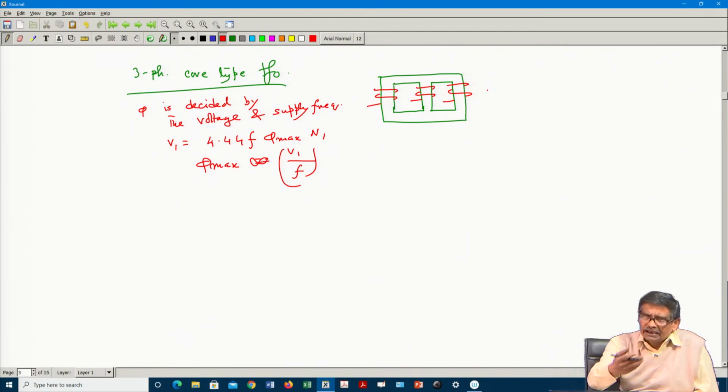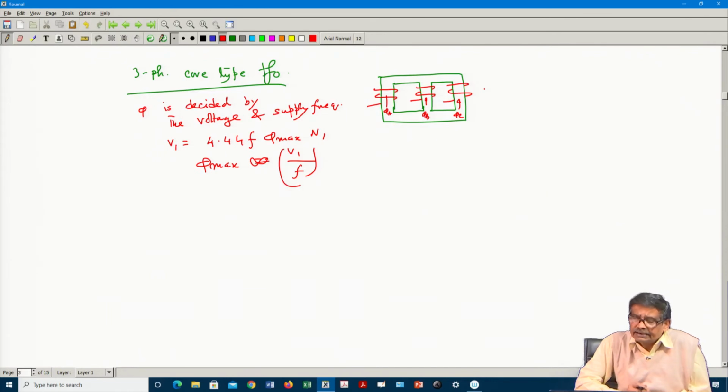I am trying to answer this question from the no load current point of view, just to give you a feel. Suppose this flux is phi A, this flux is phi B and this flux is phi C, with the A, B, C phase magnetizing currents flowing. I have not connected anything to the secondary, just to understand what is happening.